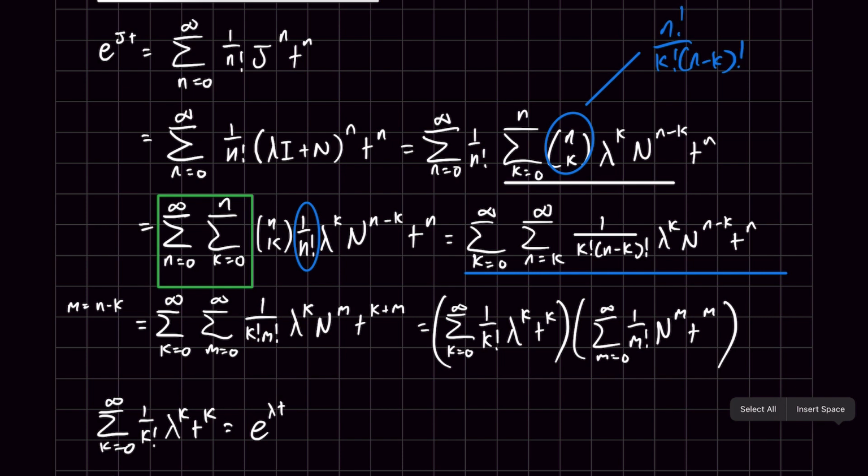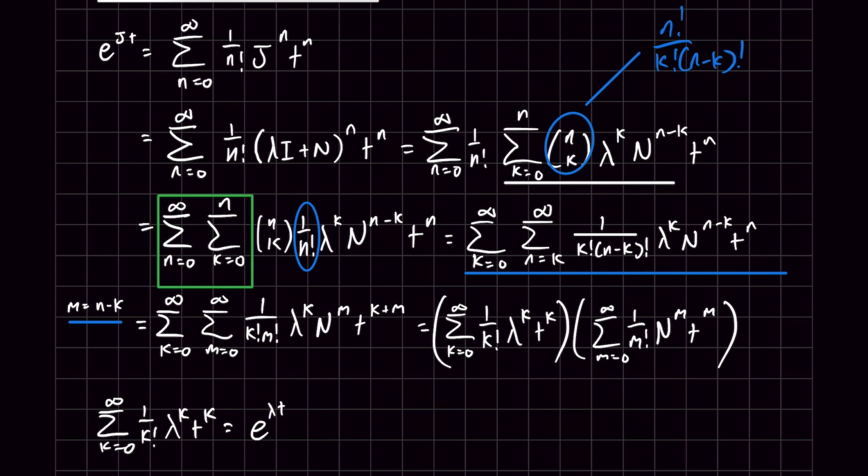Well, here's a really interesting thing you could do. You can substitute n with m plus k. So over here, n will be m plus k. So let's make this m equals n minus k.